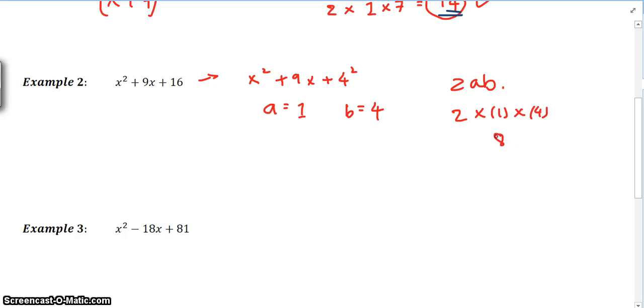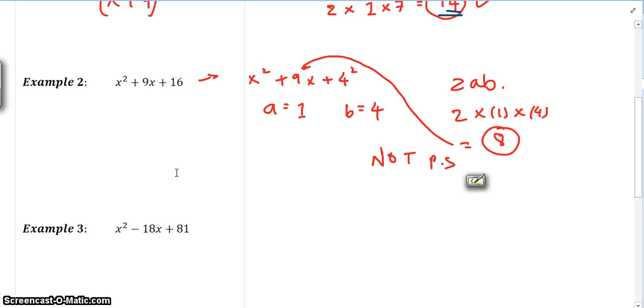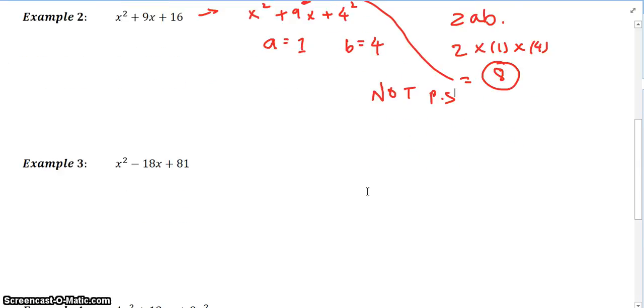We have a value of 8, which is not what we had in the original question, which means it's not a perfect square, and we can't use the rule of simply condensing it down. So we're going to move on to the next question.